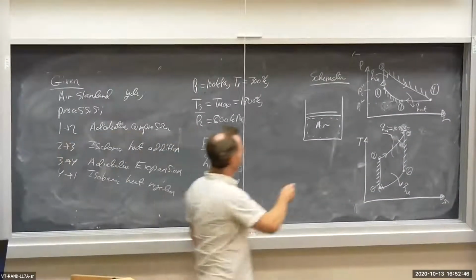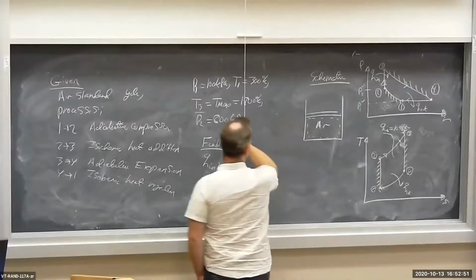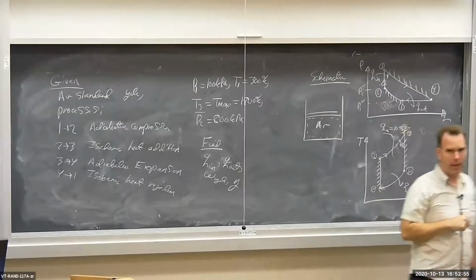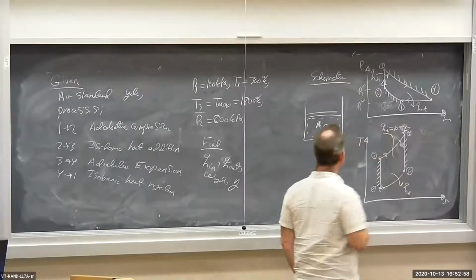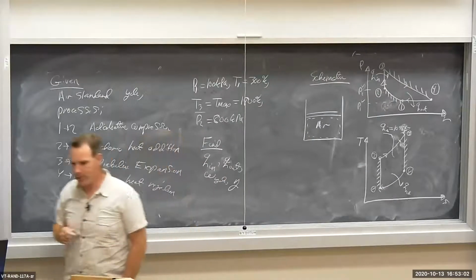So I want to get this pressure here, P3. By the way, I know the pressure P2 is 800 kPa. But I want to somehow get the pressure at state 3. Let's see if we can figure out how to do that.